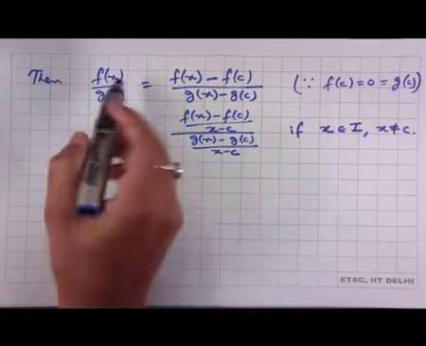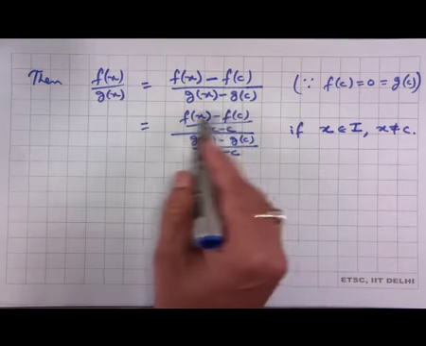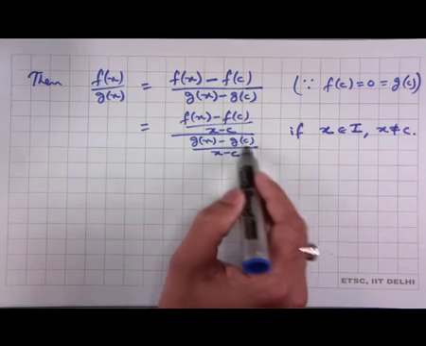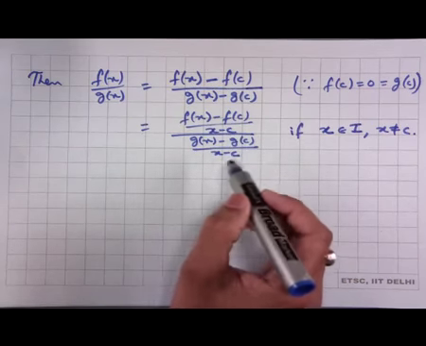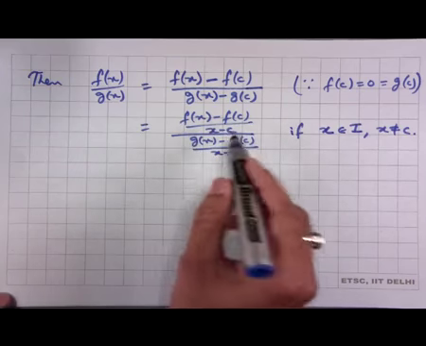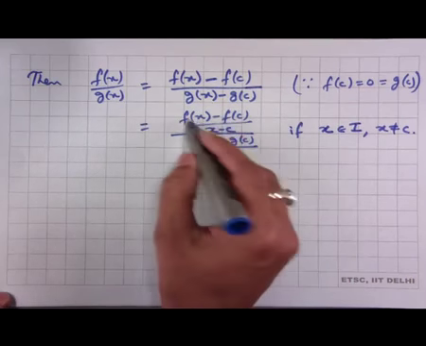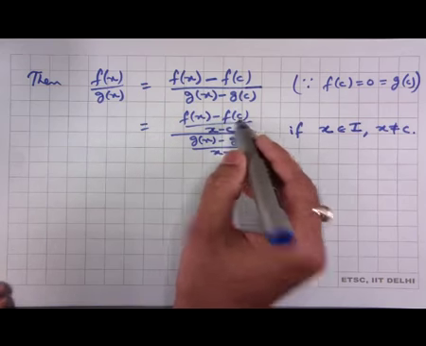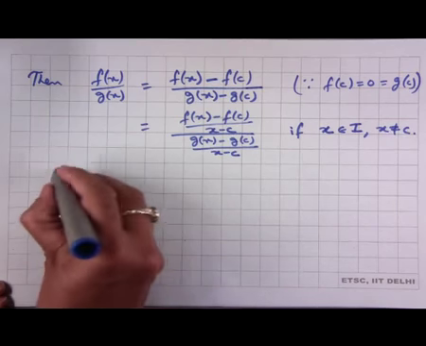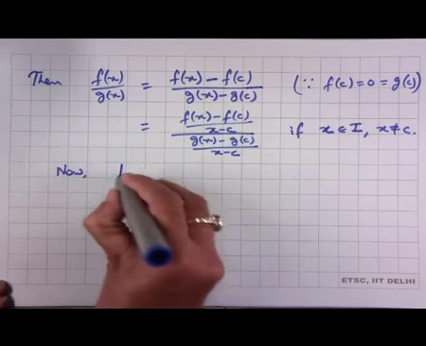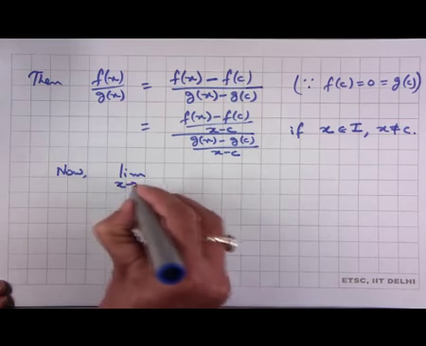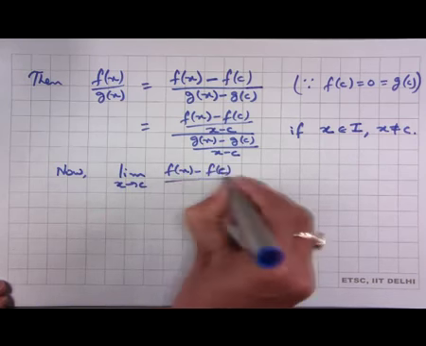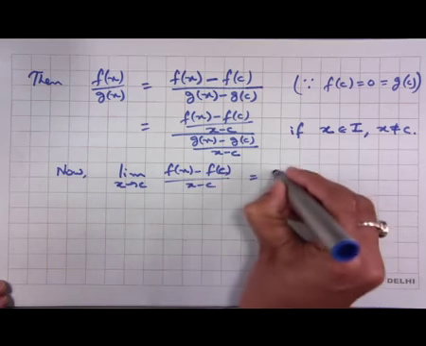So, now we have written this f x by g x as the ratio of f x minus f c by x minus c and g x minus g c by x minus c. Now, note that what we know is that the limit of f x minus f c by x minus c is nothing but the derivative of f at c. Now, limit x going to c of f x minus f c by x minus c, this is equal to f prime c.